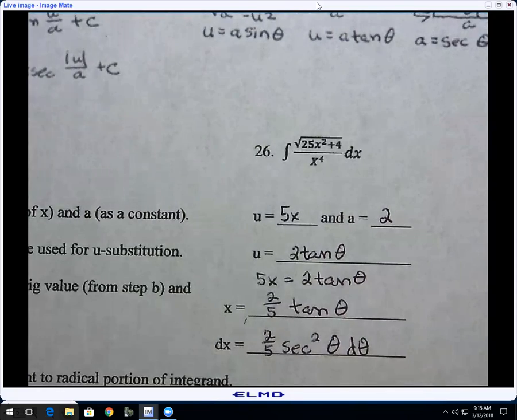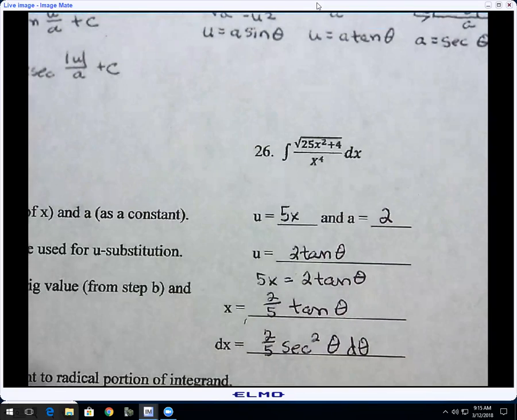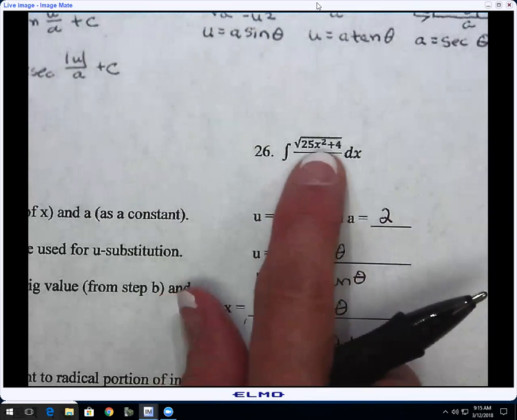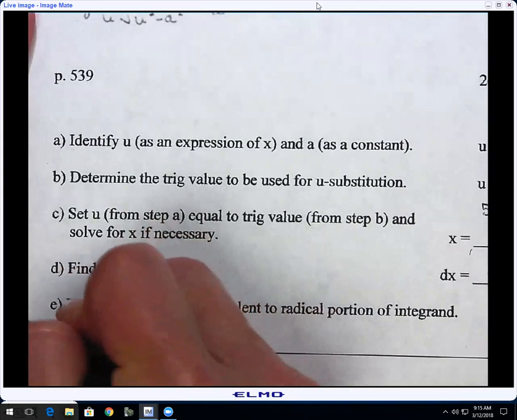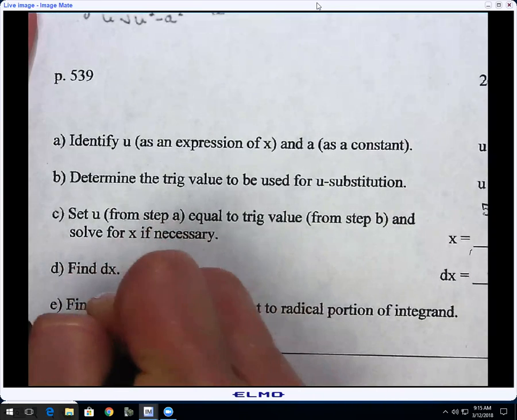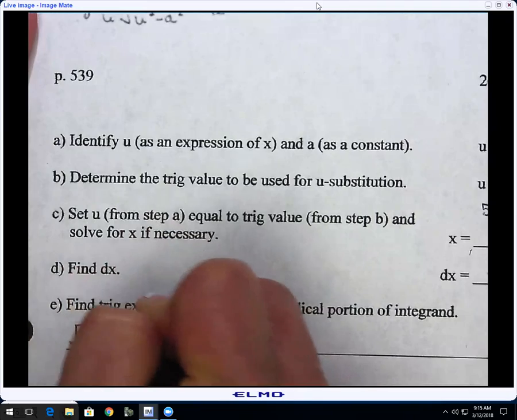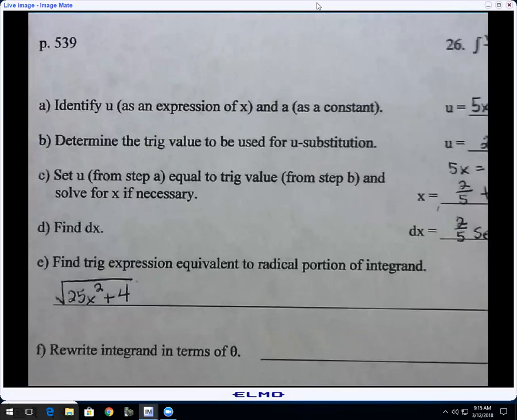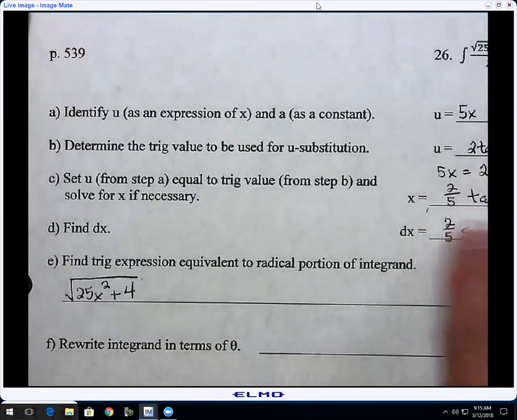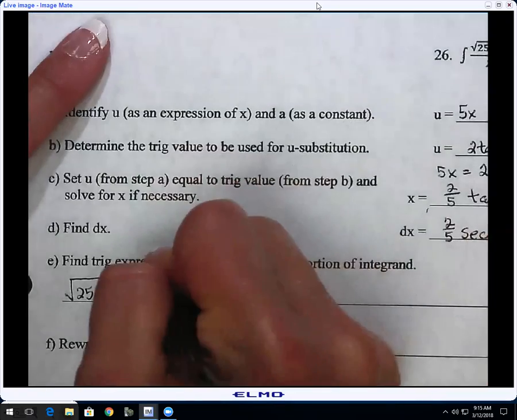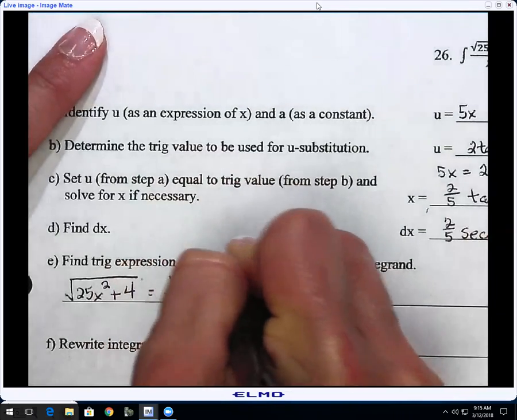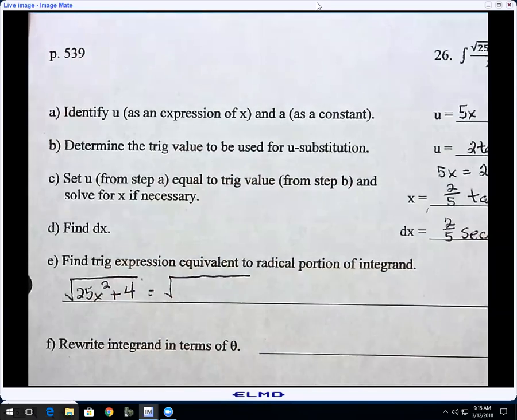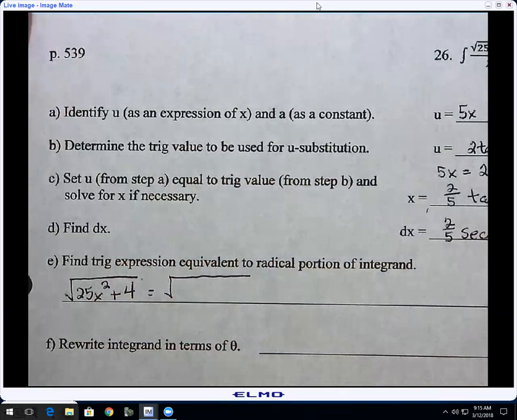Now I want to find a trig expression equivalent to the radical portion of the integrand. The radical part of the integrand is the square root of 25x squared plus 4. And if I let x be this 2/5 tangent theta, then it should simplify to some much easier to work with trigonometric expression.